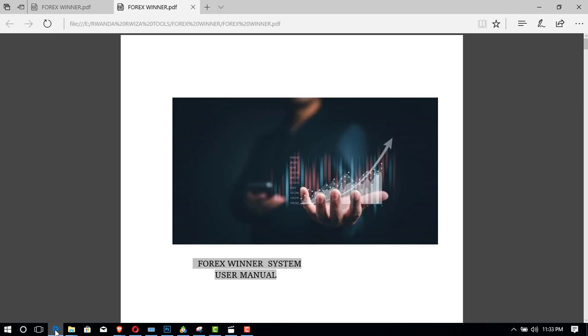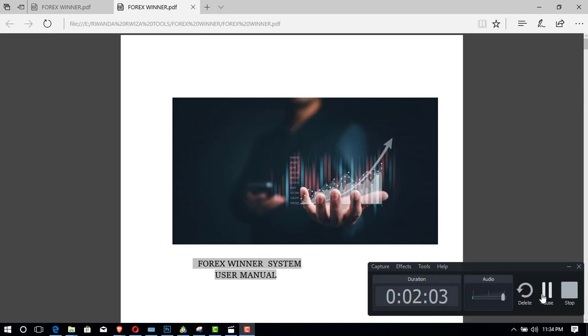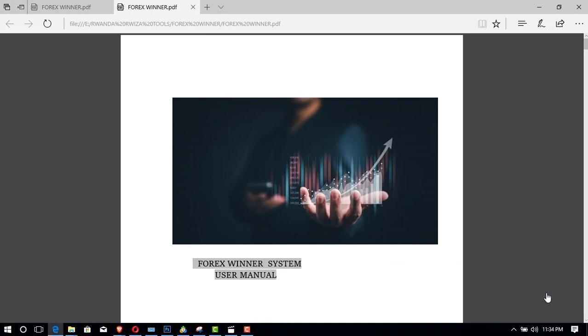From now you have to know how to get money in trading according to Deriv or other brokers. So I'm going to show you how to use this system in order to get money.